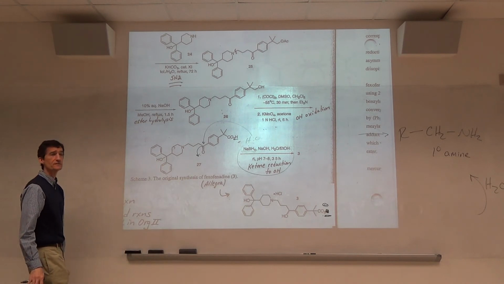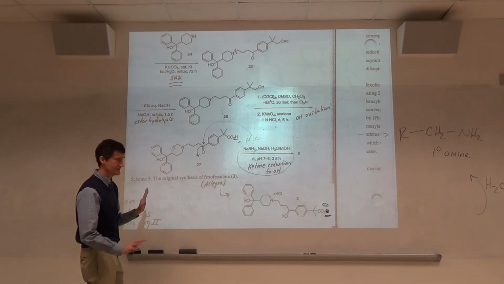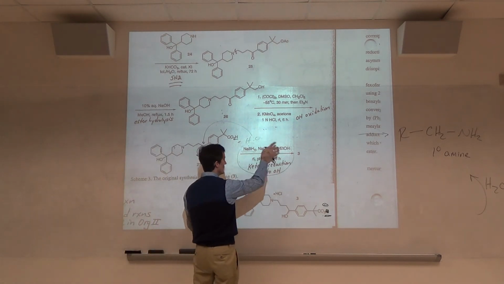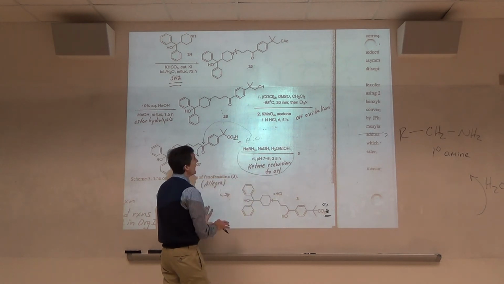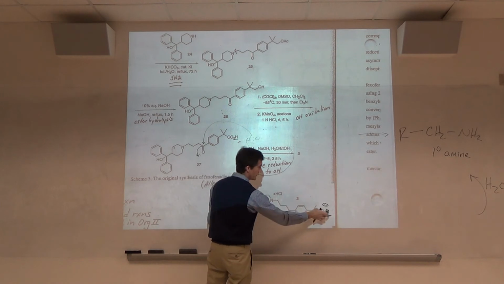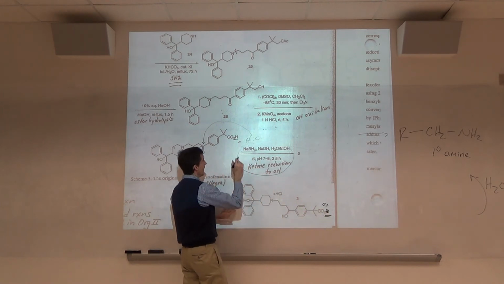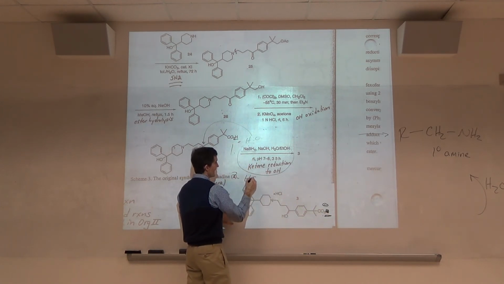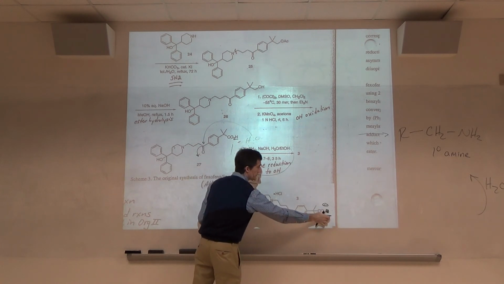Very often workup steps are kind of omitted because people just don't want to convolute things. It's just assumed. Okay? When I get the proton on there, the second step is probably add HCl.